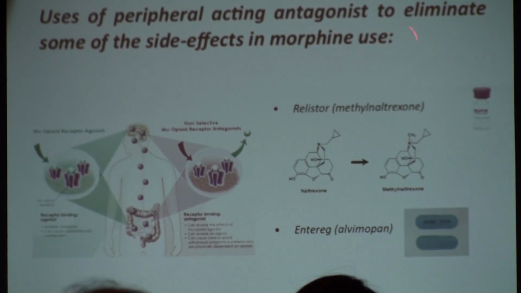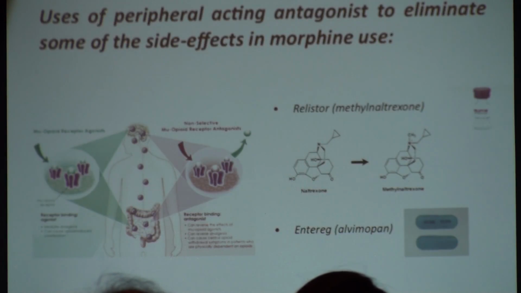So what can we do about those GI tract problems, the constipation? There are a couple of drugs on the market right now that can be used for this problem. The idea is very simple: the drug has to go into the brain to control pain.